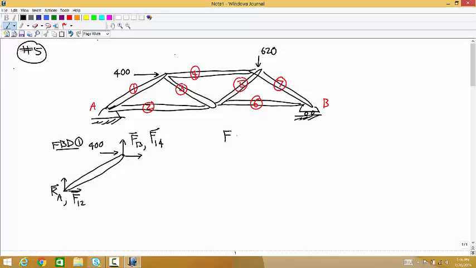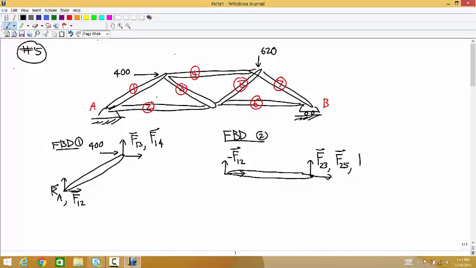That's member 1. Member 2: here we have negative force on 1 by 2. And at the joint on the right side, the pin's part of member 2, so we have the force on 2 by 3, the force on 2 by 5, and the force on 2 by 6.